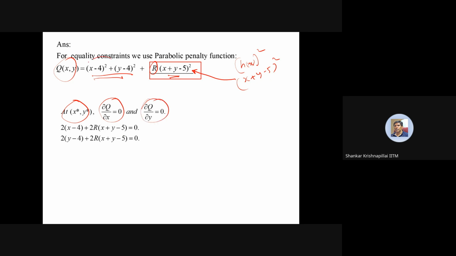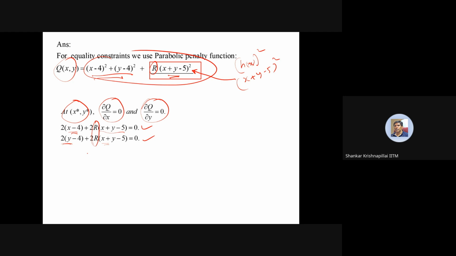If you differentiate, you will get two equations: 2 into x minus 4 plus 2R into this term, and 2 into y minus 4 plus 2R into this term.